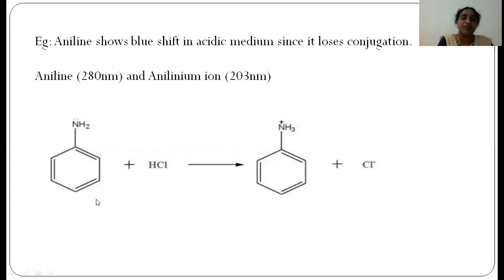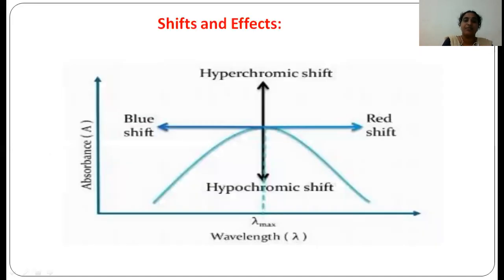That means a shift of absorption wavelength towards the lower side is called hypsochromic shift. Earlier it was 280 nanometers, now it is 203 nanometers.